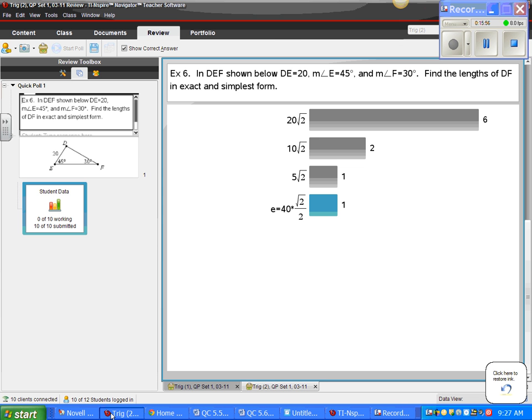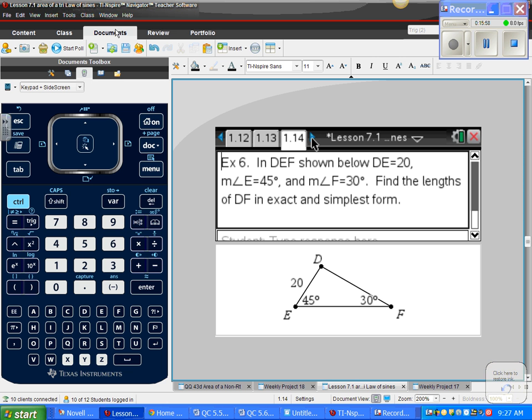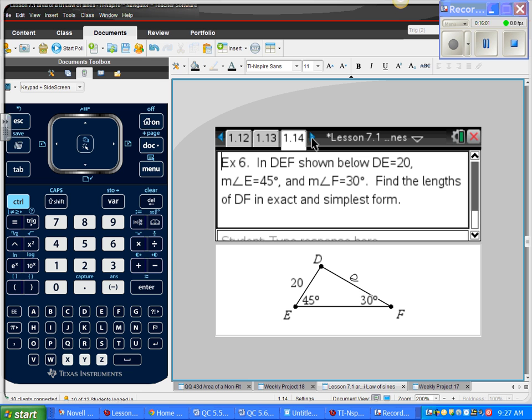All right, so we're looking for this over here, right? So you're doing e over sine of 45 equals 20 over sine of 30. That should say sine, not sim. Apologize. Cross multiply. E times sine of 30 equals 20 times sine of 45. Now from here, I put in my equivalences.